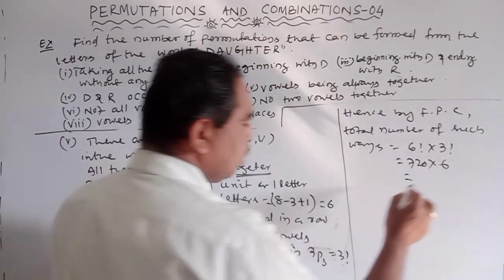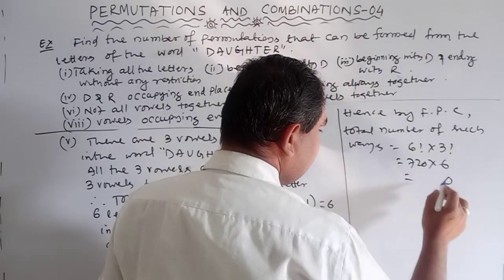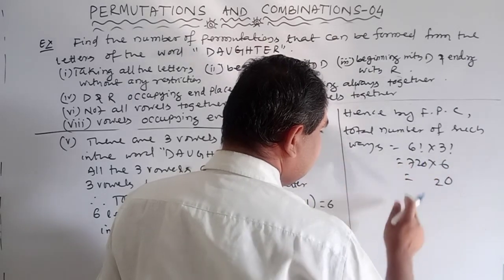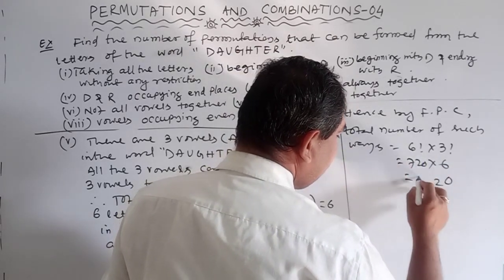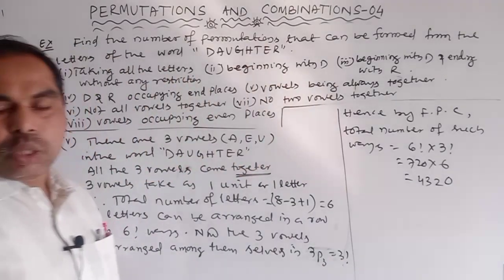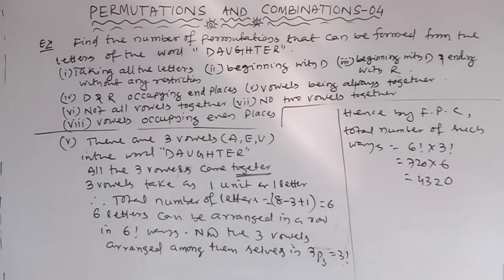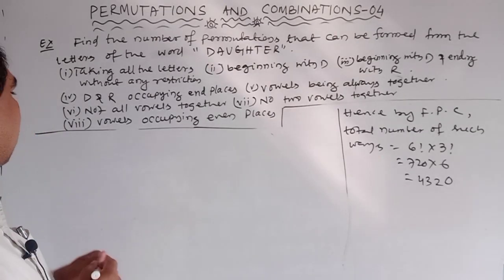So 720 times 6 is 4320 ways. Okay, next question number 6.